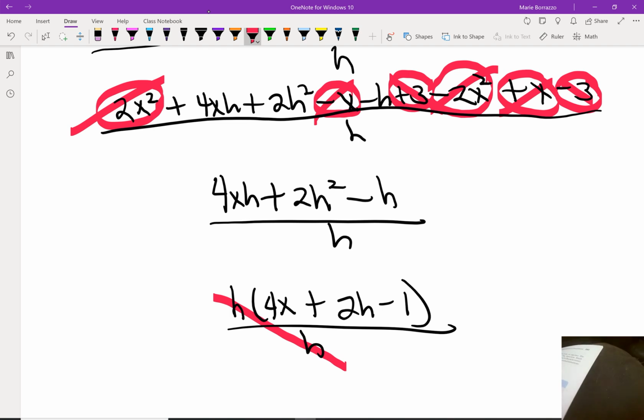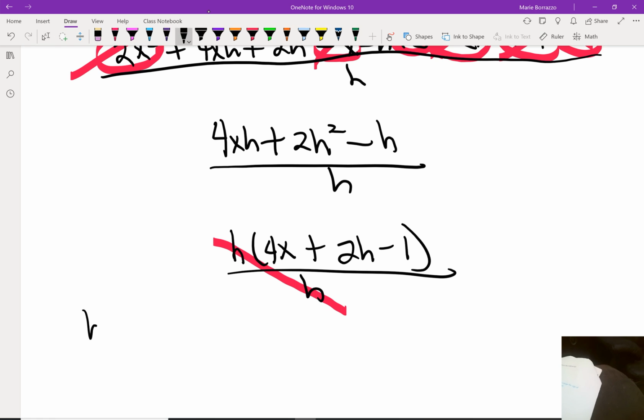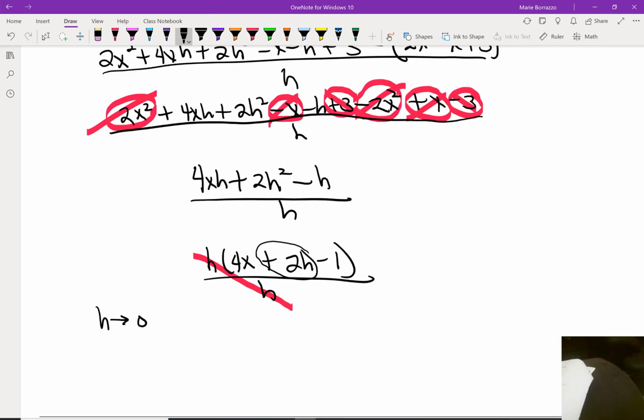Now keep in mind that in calculus, this will have to do with limits, and eventually the notation they're going to give you will be as h approaches 0. Since h is approaching 0, all terms with h are going to disappear, and you're going to eventually be left with 4x minus 1.